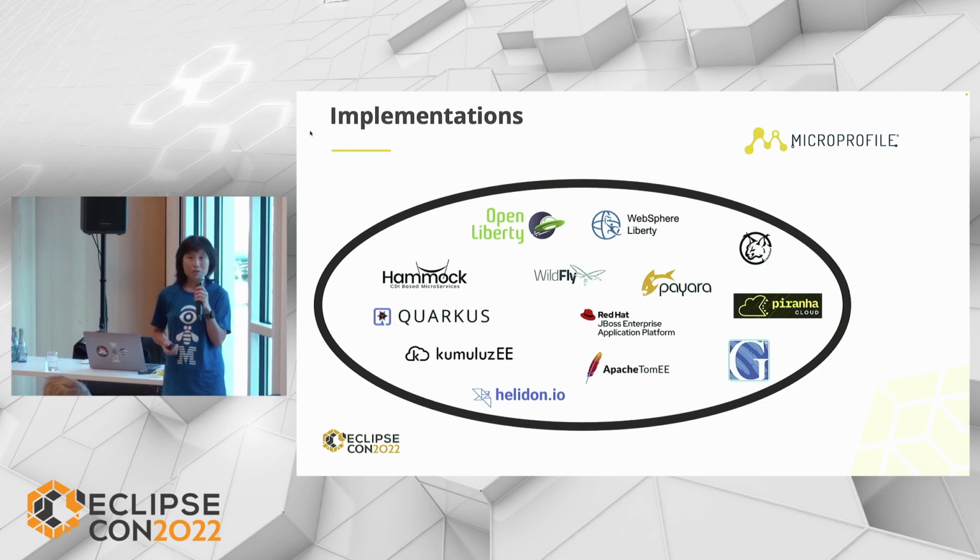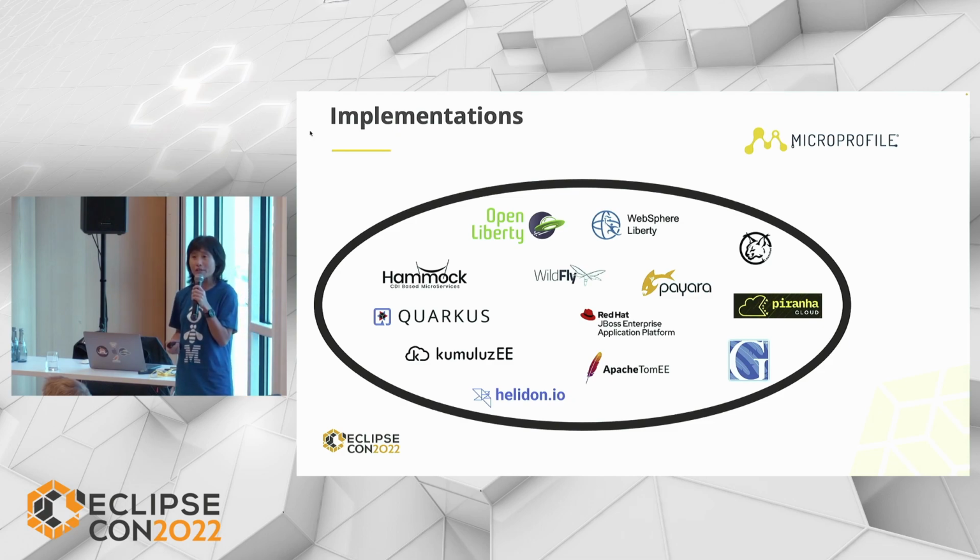How many of you are using OpenLiberty? Okay, a few. Great. And there are also some other runtimes: Quarkus, JBoss and WildFly from Red Hat. How many of you are using Quarkus? Okay, a few. And also Payara.